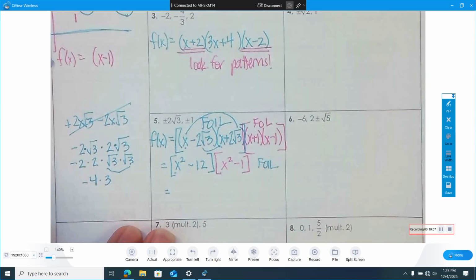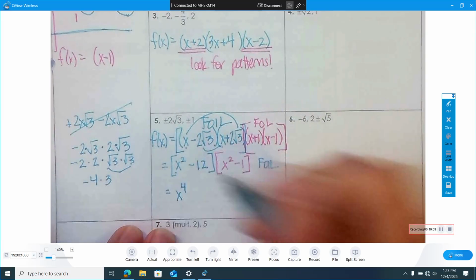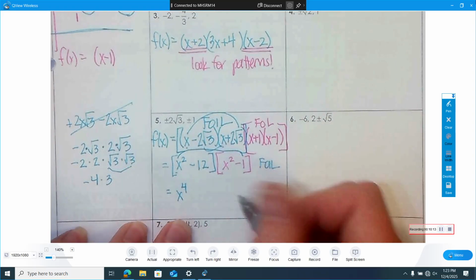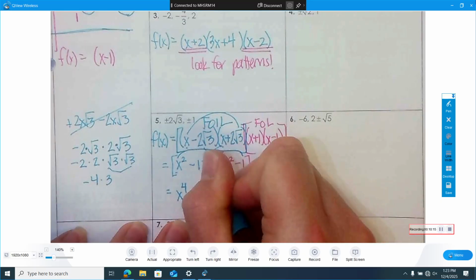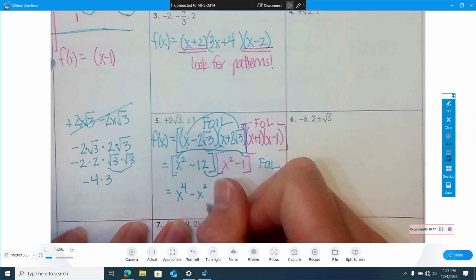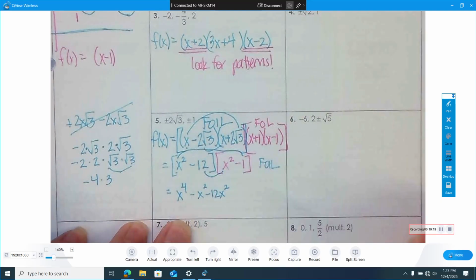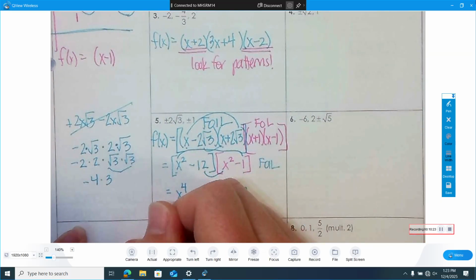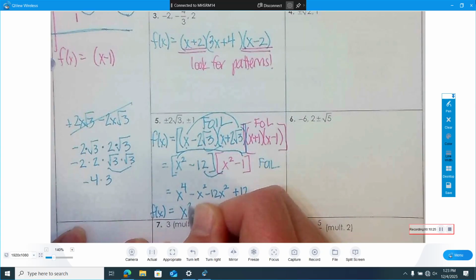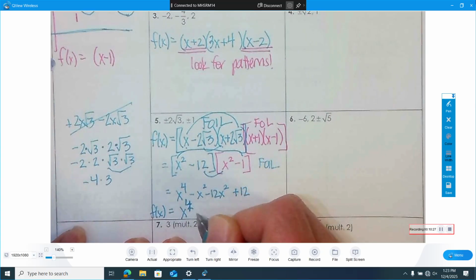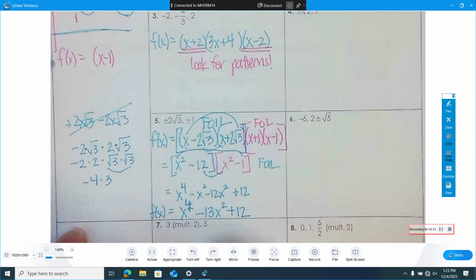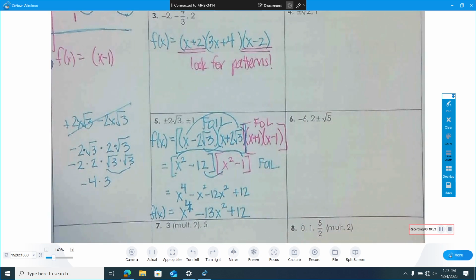First times first is x to the fourth. The outside is negative x squared. The inside is negative 12x squared. And last times last is positive 12. And so we can combine like terms. X to the fourth minus 13x squared plus 12. And there's our polynomial in standard form.